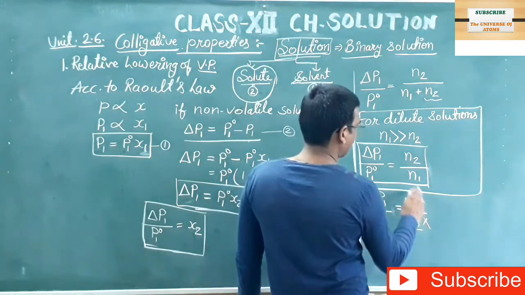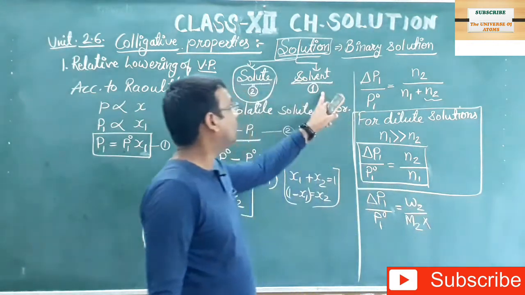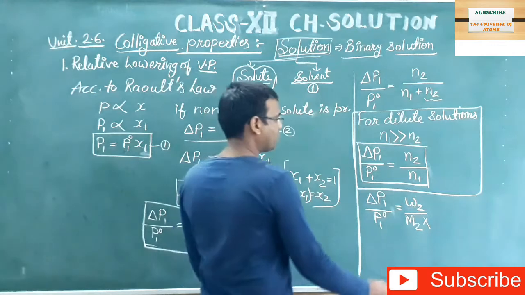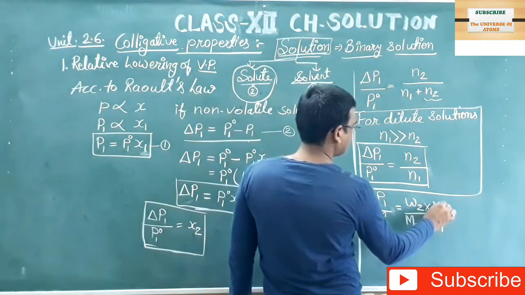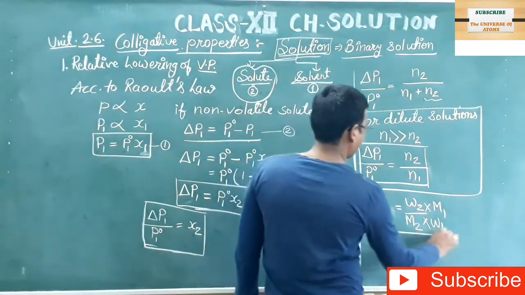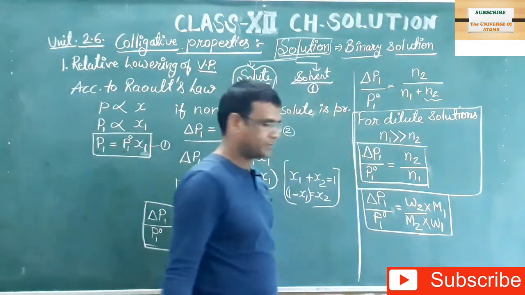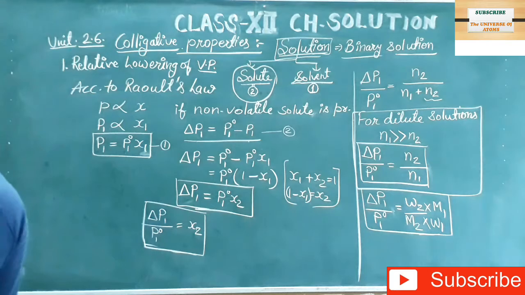Then n1 is the moles of solvent; the notation for this one is W1 and M1. This is another expression for relative lowering of vapor pressure: delta P1 upon P1 naught is equal to W2 upon M2 into M1 upon W1.